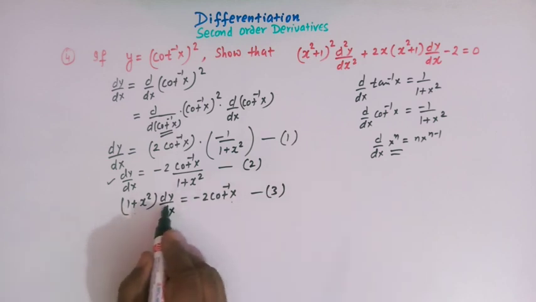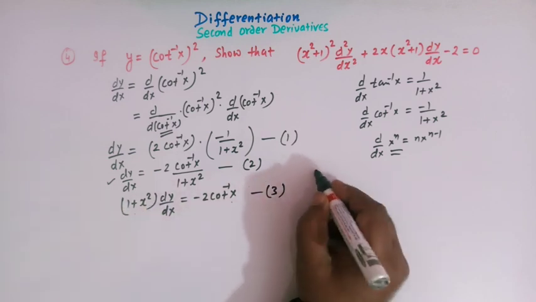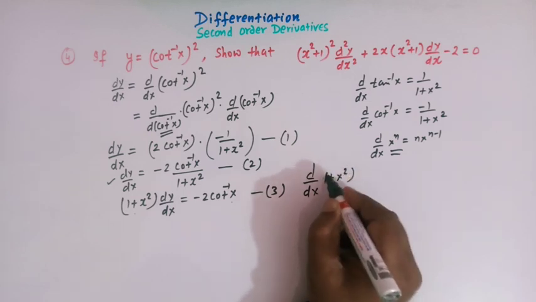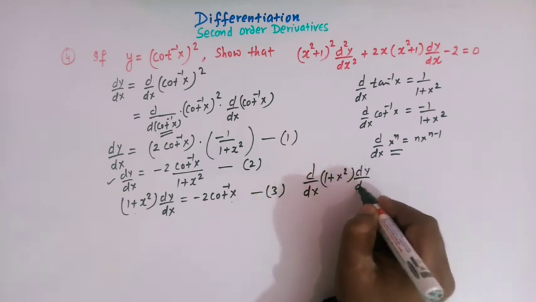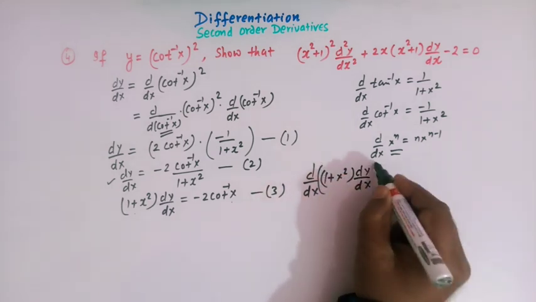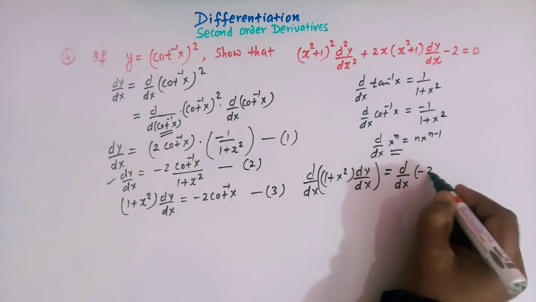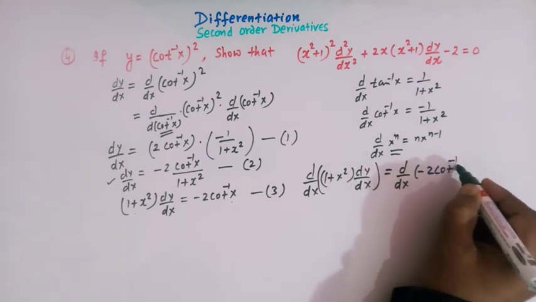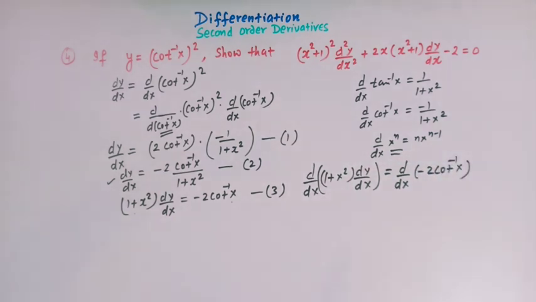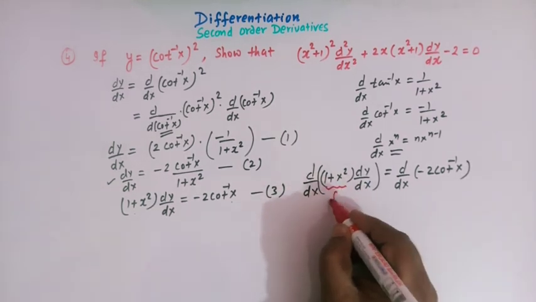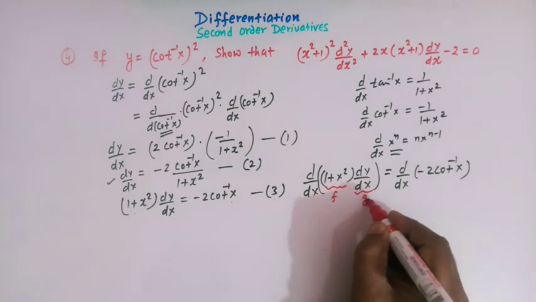Here we have to make use of the product rule. So now we can write d by dx of 1 plus x square times dy over dx, and on the right side the derivative of minus 2 cot inverse x. We take 1 plus x square as the first function and dy over dx as the second function.